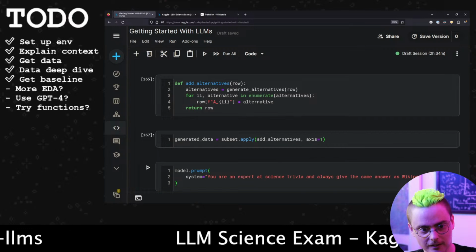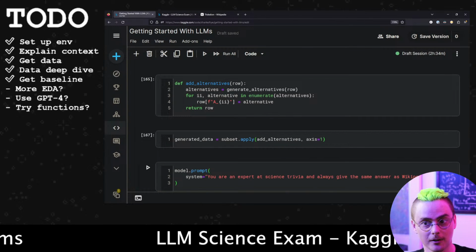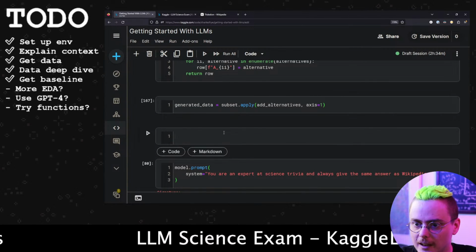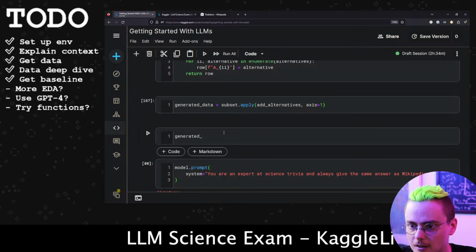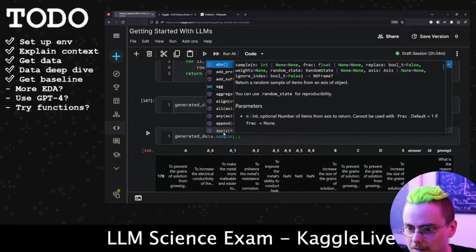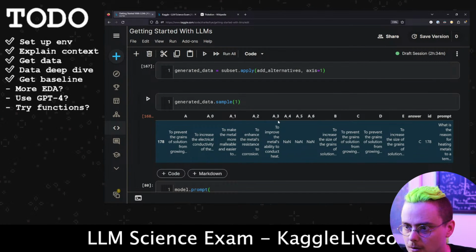If anybody else has any thoughts as we're closing out here, don't be shy about putting them in the chat. All right, so hopefully that generated data task worked, because it's done. Let's sample an example. All right, A0, A1, A2, A3.